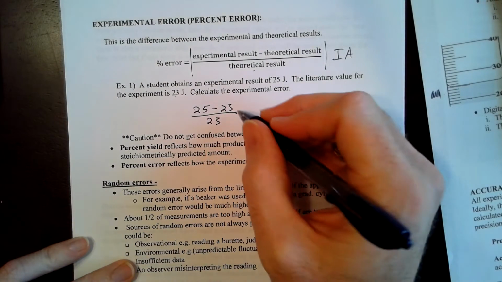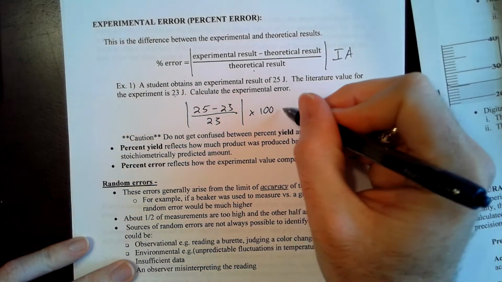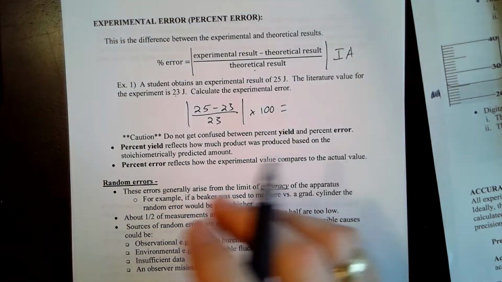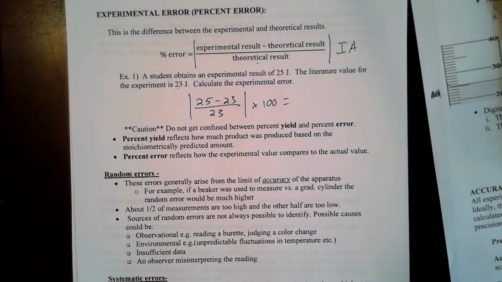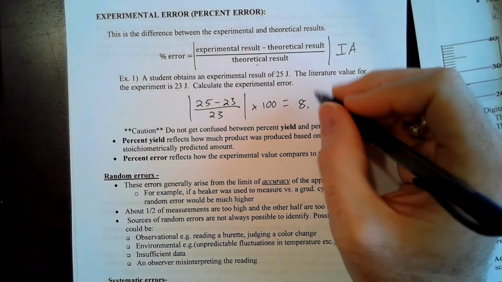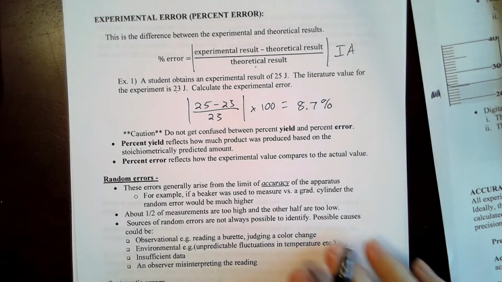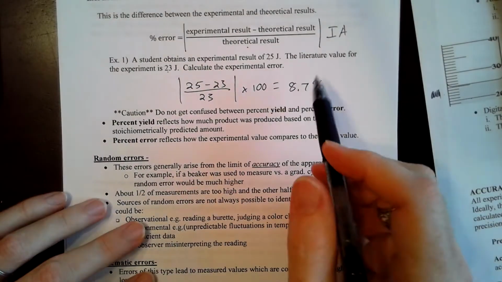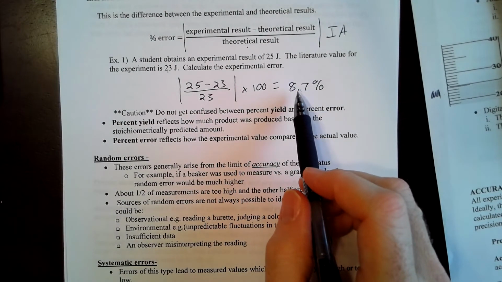The absolute value of that is okay, it's a positive number anyway. And that will give us an 8.7% error.